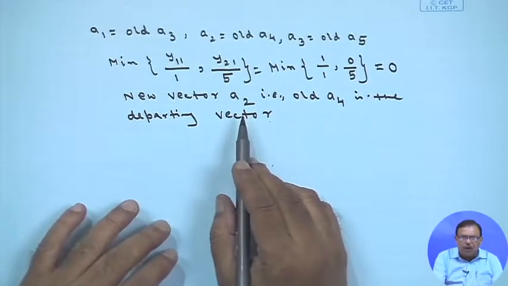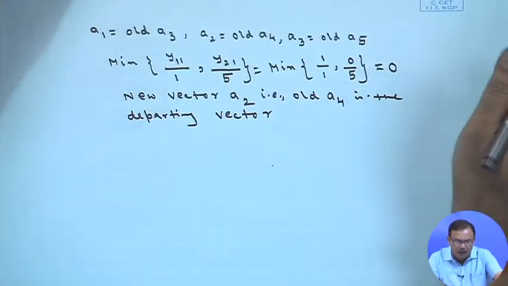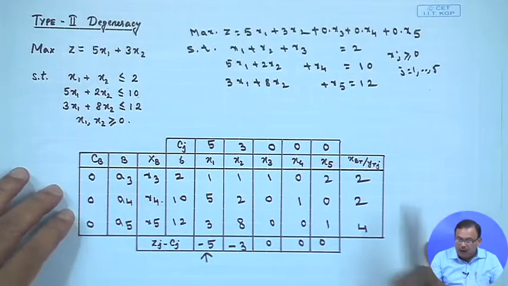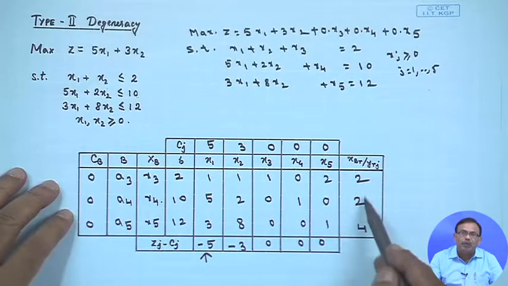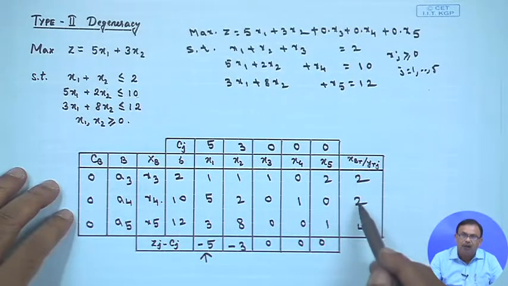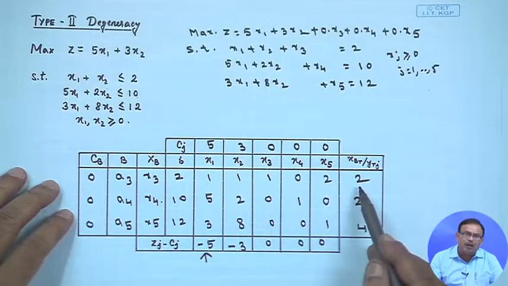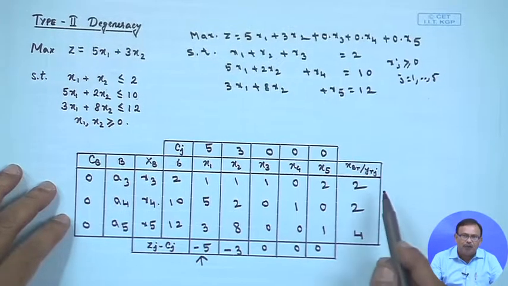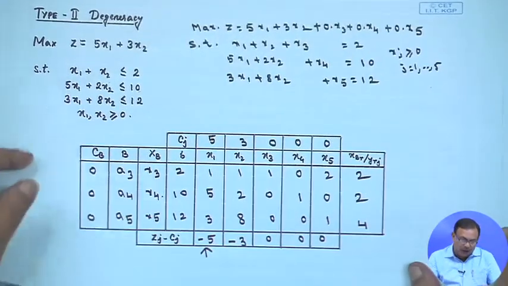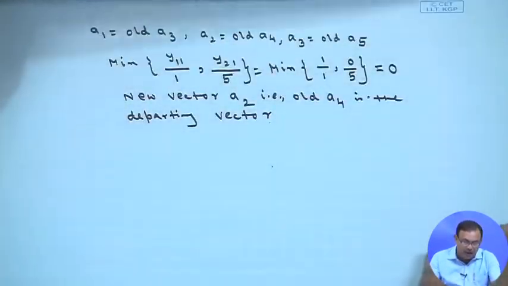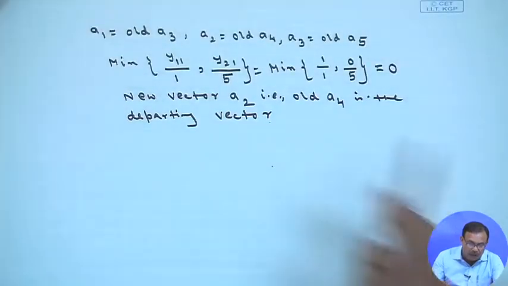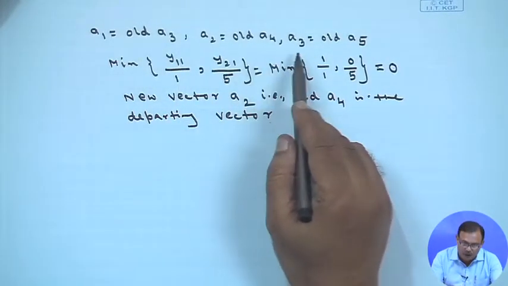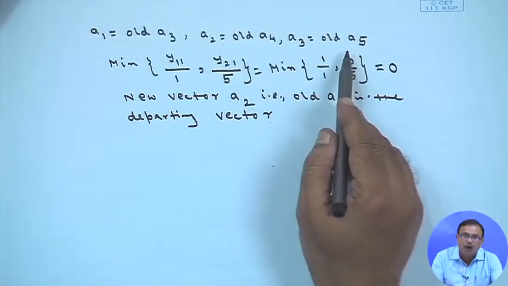So, is it clear? Let me explain once more. Since the ratio is the same in two elements, there is a tie. So, once there is a tie, what do I have to do? I have to compute the value of the new ratio. For that reason, I am writing A1 equals old A3, A2 equals old A4, A3 equals old A5.